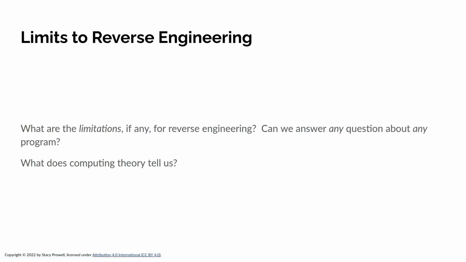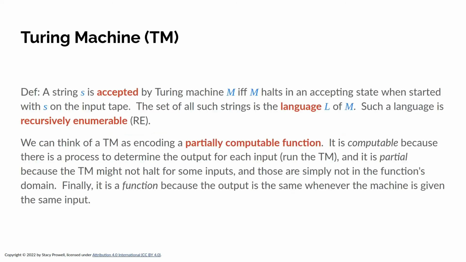But are there limits? Can you answer any question about any program? Well, answering questions about programs is the domain of computing theory. And so what do we learn from computing theory? Well, now we've got to go back and talk about Turing machines.